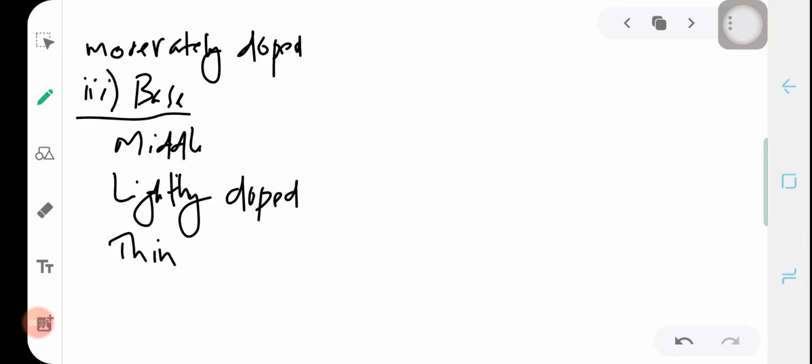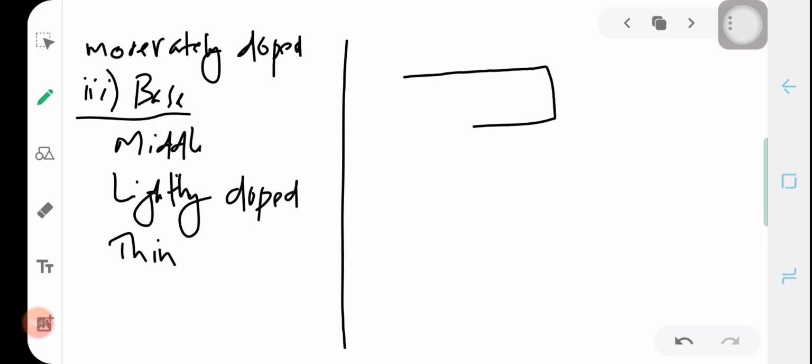So these are the different regions, and you have seen that a transistor consists of three regions. One is the emitter, which is the heavily doped region, the base, which is the lightly doped region, and the collector, which is the wider region and which is moderately doped. And the emitter should always be forward biased, the collector should always be reverse biased.